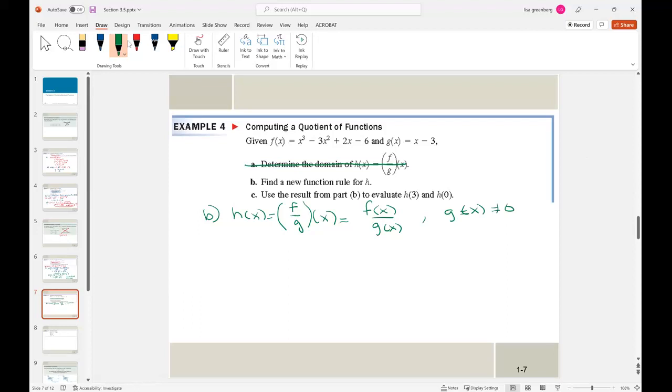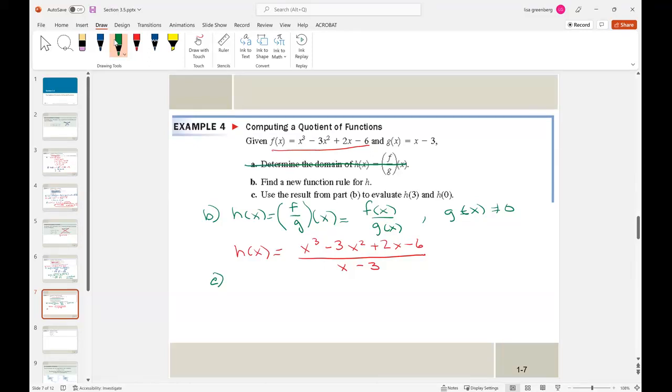Okay, so let's do it. h of x is equal to, well, f of x is x to the third minus 3x squared plus 2x minus 6, and I'm getting it from right here, and g of x is x minus 3.